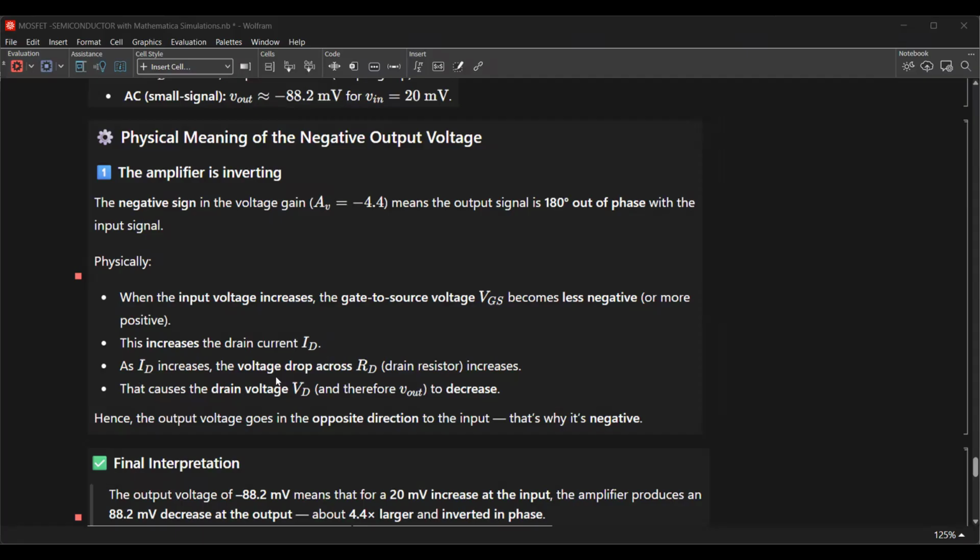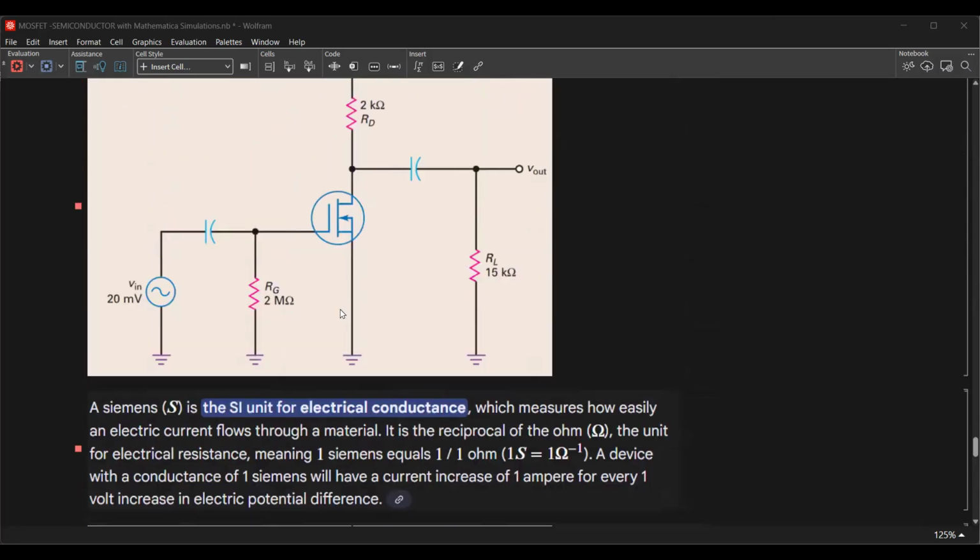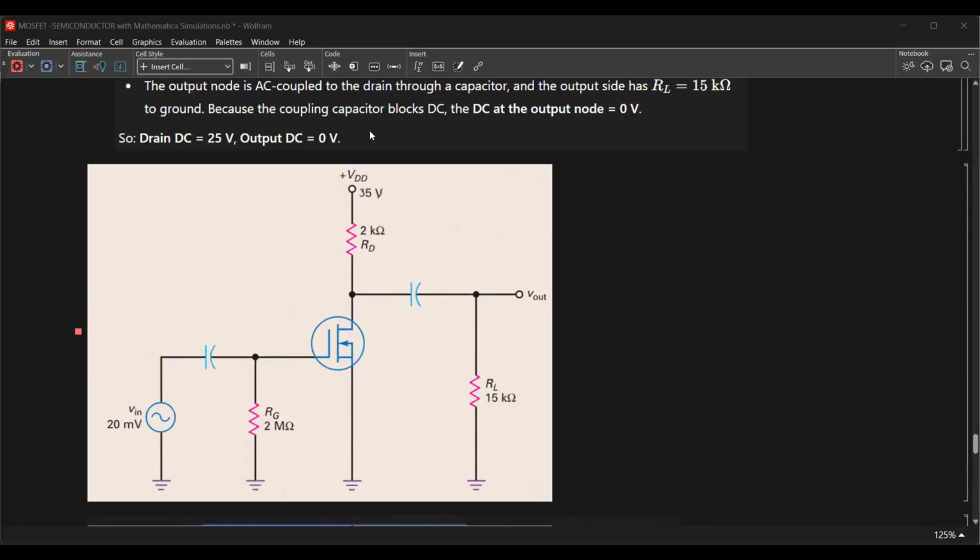As ID increases, the voltage drop across RD increases. If you increase the ID, the ID times RD also increases.